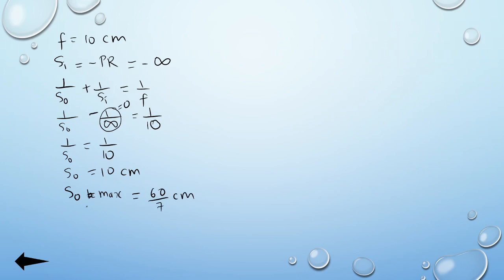Now let's try to calculate the difference between the SO. So 60 over 7 is equal to 8 4 over 7 centimeter.